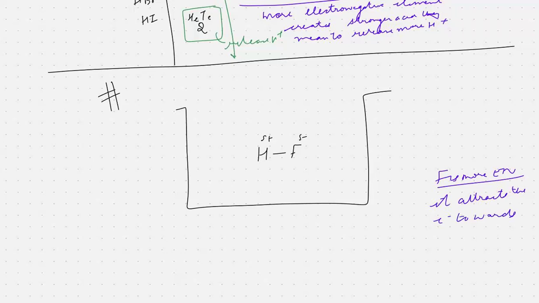Once it attracts the electrons toward itself, what does that mean? The bond is going to be shorter, so it's stronger, so it's going to be harder to break.